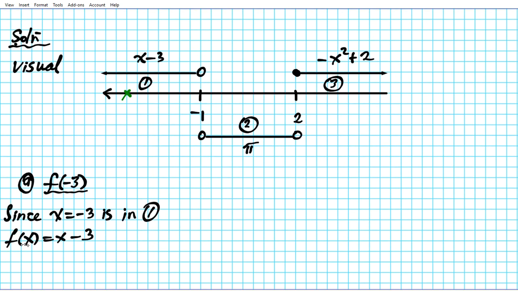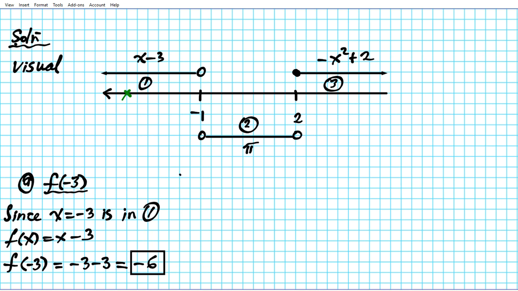Okay, so if we want to evaluate that at x equals 1, just plug in 1 into the x's, and your final answer will be negative 2. Actually, it's not 1. We're evaluating it at negative 3. So, plugging in negative 3: negative 3 minus 3 is negative 6. And that's the answer to question 3A.